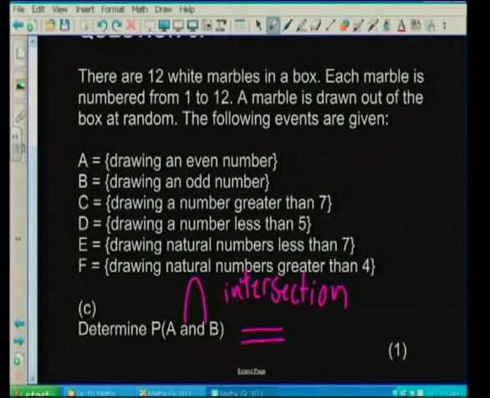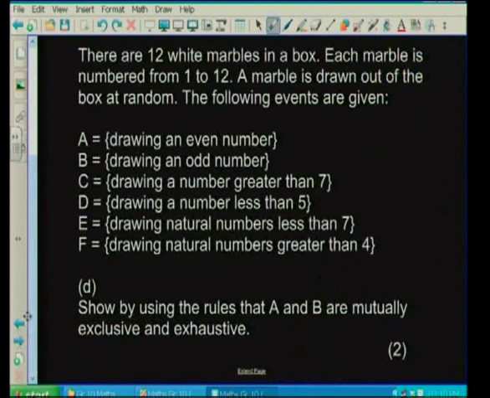So the answer to the next question is the probability of A and B is absolutely 0. Right. The next question asks us to show by using the rules that A and B are mutually exclusive and exhaustive.